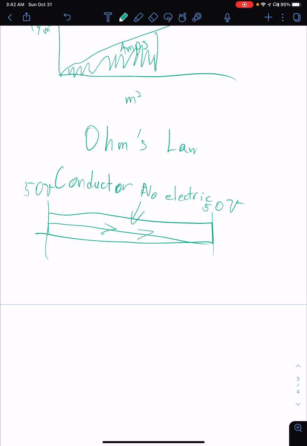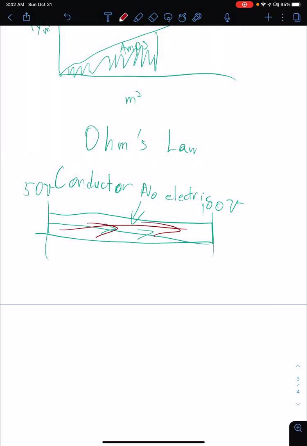But now we change this to 100 volts. Now there's an electric field within the conductor, which then promotes the flow of electrons.